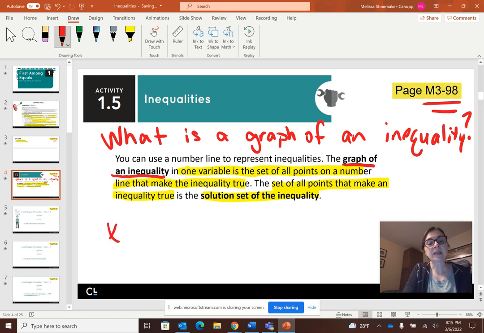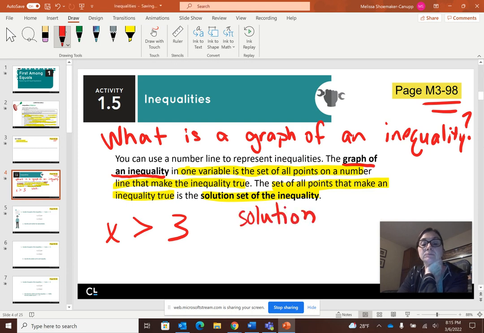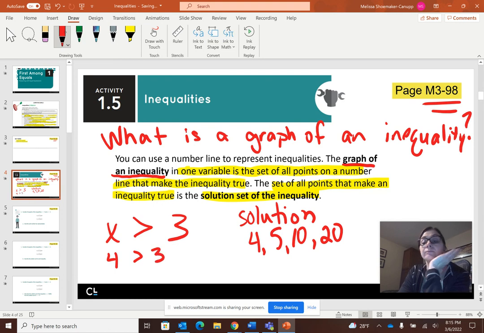So let's say I have x is greater than 3. We kind of talked about this on the example problem. So we know the answer to that is any number that's bigger than 3. So a solution could be 4, 5, 10, 20, right? Those all make it true. If I were to put in 4 is greater than 3, true. 5 is greater than 3, true.